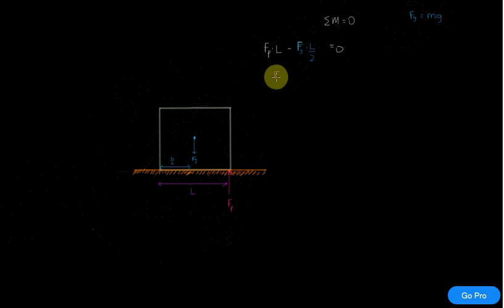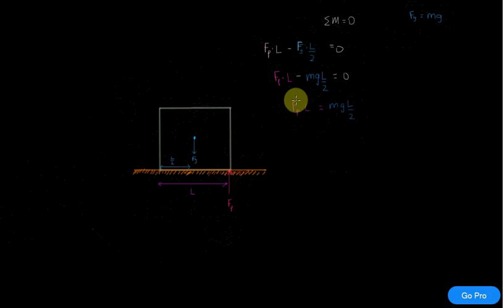So I have the force with which I push multiplied by the distance at which I'm pushing, minus mg times L over 2, and all of that has to equal 0, right, if I'm just keeping it where it is. If I take this to the other side, the force of me pushing multiplied by the length is equal to mg L over 2.